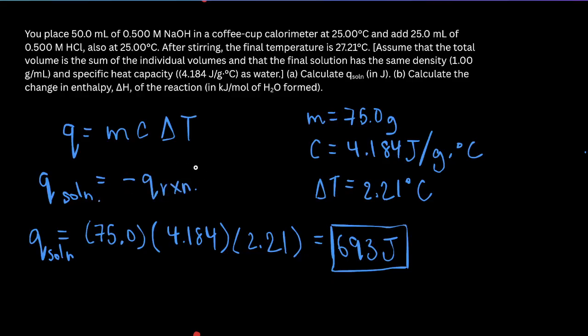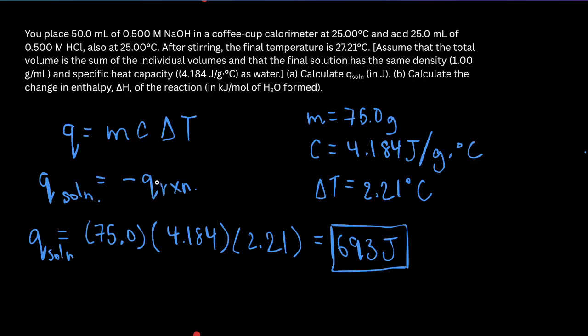So in case this value was positive, let's say our reaction was taking in heat from the solution, from the environment, from the surroundings, this value would be positive, and the negative of a positive is going to be negative, so our heat of solution would then be negative. So these two are just going to be opposite signs. They're equal in magnitude, but opposite in sign.